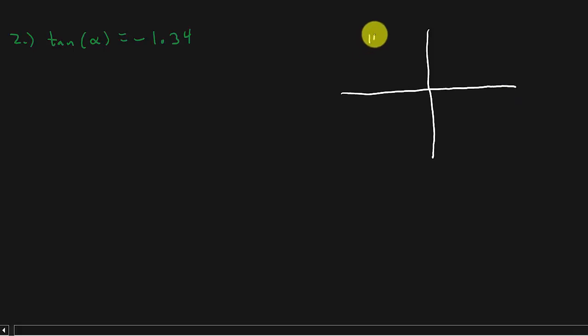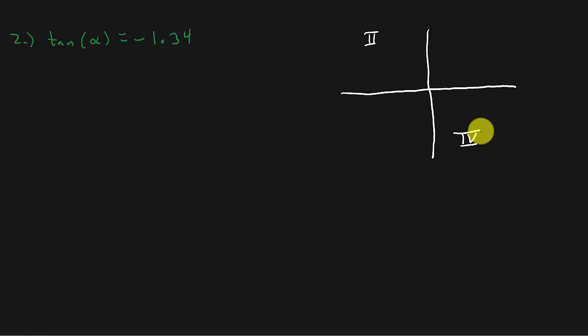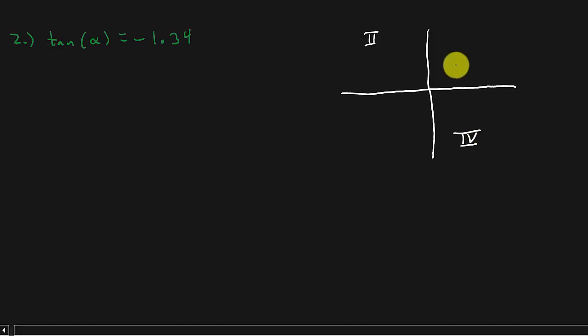So our solutions are in the second and fourth quadrant. That's where tangent is negative, second and fourth quadrant. Is our reference angle a solution? No, because one of our solutions is not in the first quadrant.